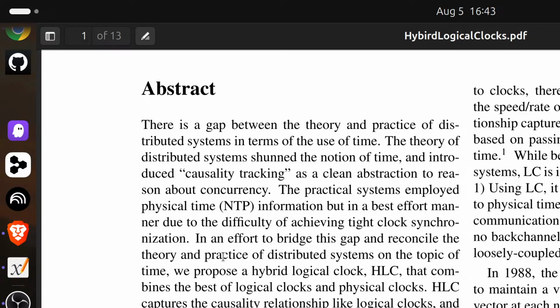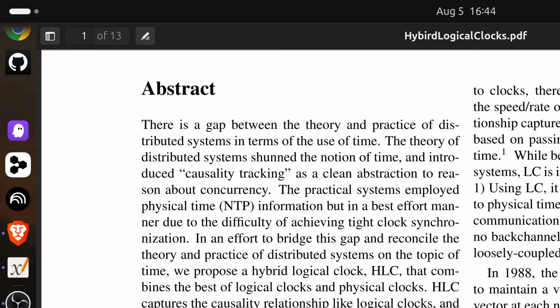Dually, a hybrid logical clock can be used in lieu of physical NTP clocks, since it maintains its logical clock to be always close to the NTP clock. What is this lieu? L-I-E-U. Lieu means instead, guys. So in lieu of, or we can say instead of, physical NTP clocks.